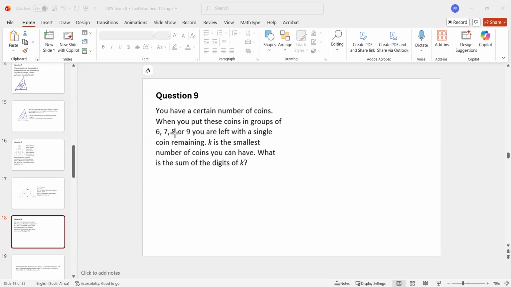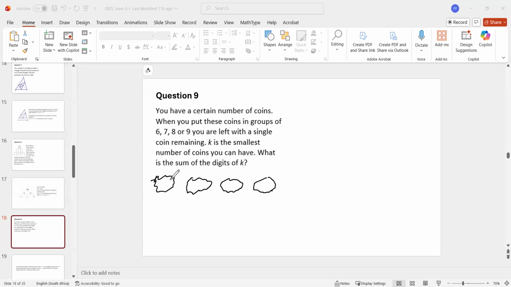All right, so you've got these coins and you're putting them in groups of 6. So I've got a group of, I got 6 here, I got 7 here, I got 8 here, and 9 here.